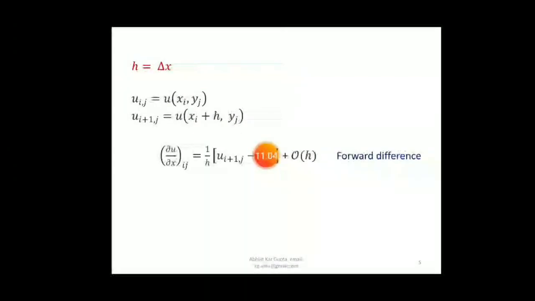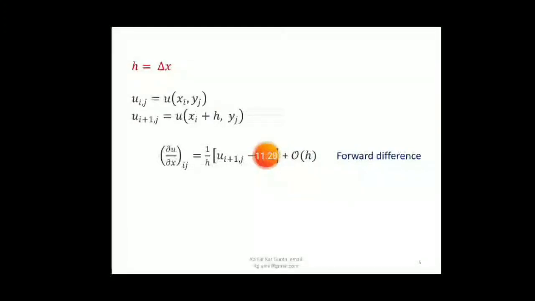With this, the formula looks like del u del x at ij equal to 1 by h times (u i plus 1, j minus u ij) plus the rest of the terms. We clump all those in O(h). O(h) means the error you incurred is of order h in this forward difference formula.